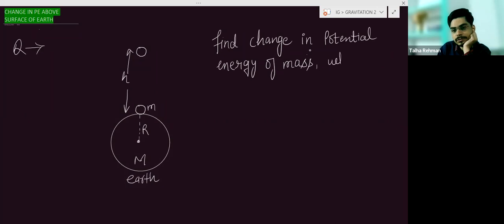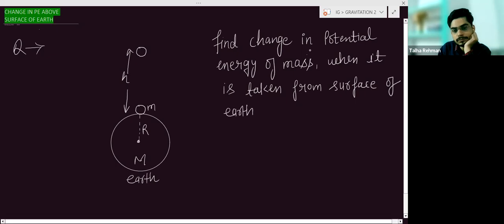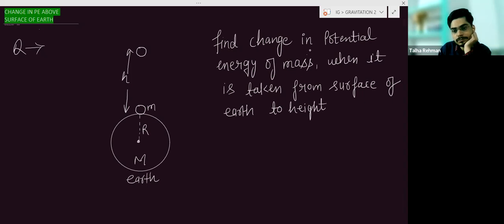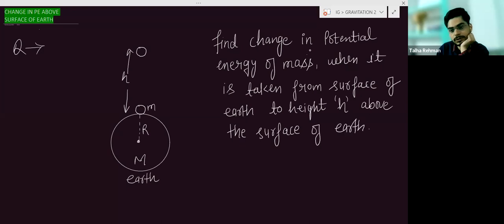when it is taken from the surface of earth to height h above the surface of earth.